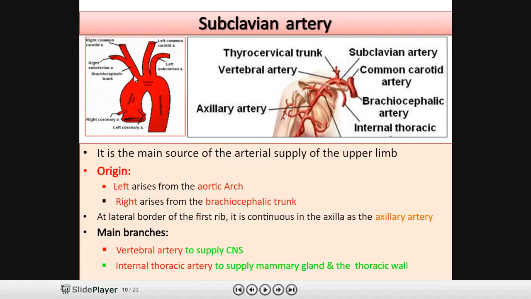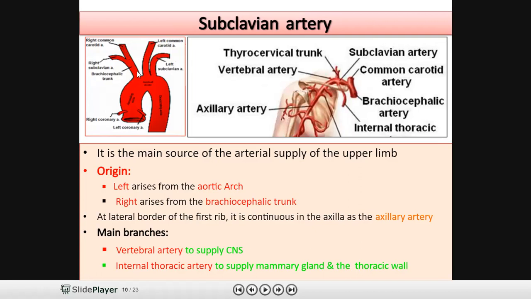So this is the brachiocephalic trunk here, which gives rise to the right common carotid and the right subclavian. We just talked about the common carotid, which continued and split into the internal carotid and the external carotid, and then we saw the branches of the internal and the external carotid.